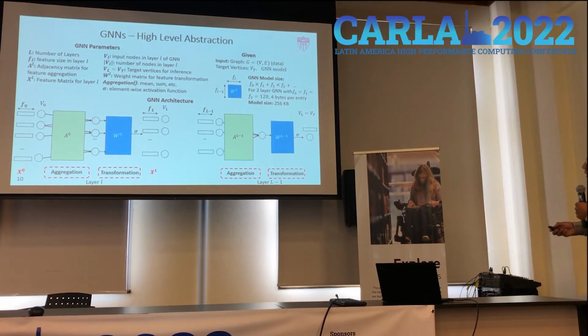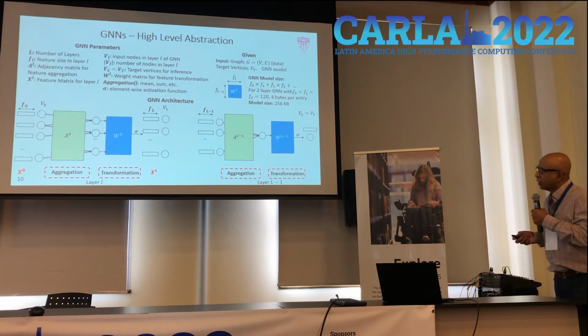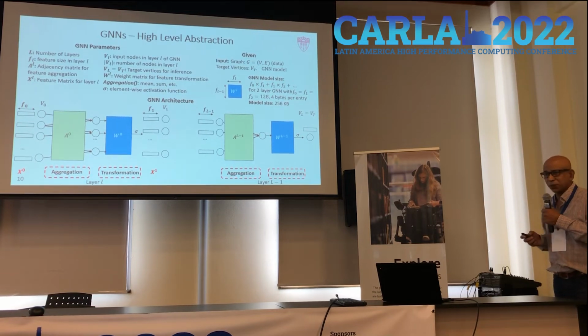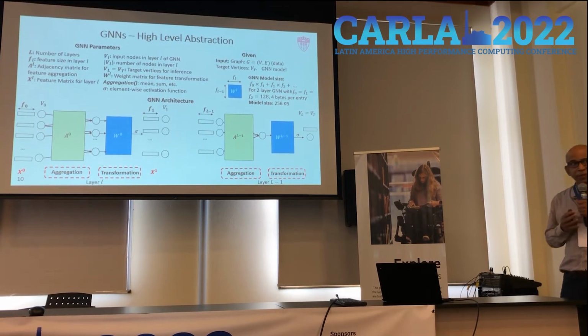If you look at the model representation, the model size for the GNN is essentially specified by the weight matrices layer by layer, plus the aggregation functions you are going to use at the various layers. You also specify the technique by which you generate the adjacency matrices for each layer. That specifies different GNN models.